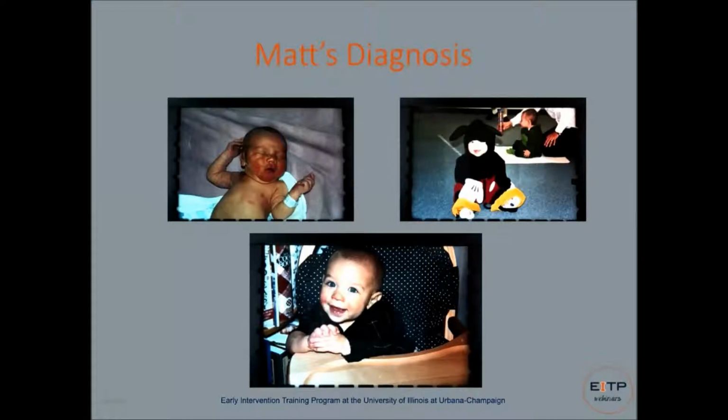My emotions were just all over the place. I was a new mom, being told that what we thought we had avoided was actually what he had. I was angry. I was embarrassed at myself. I was so guilty. It was a really, really difficult time.